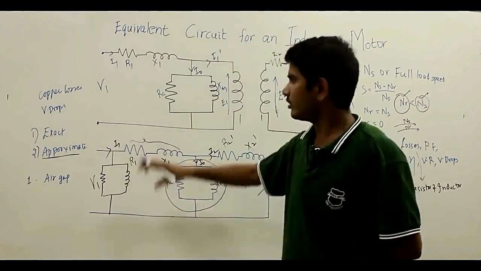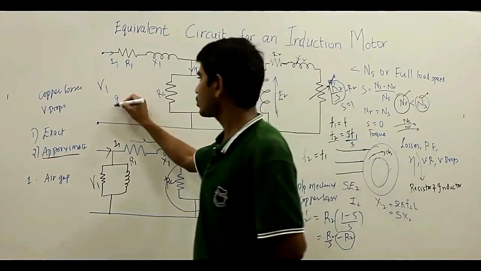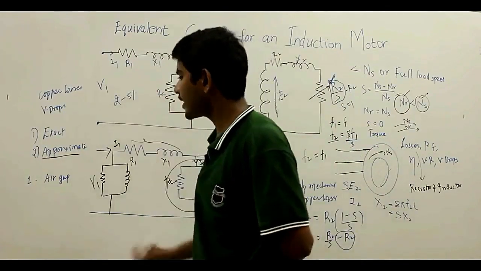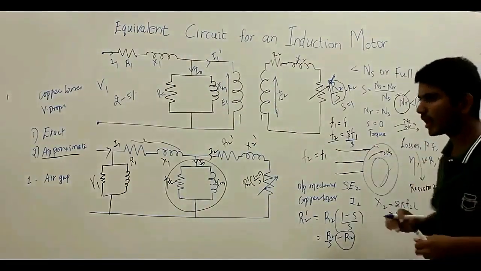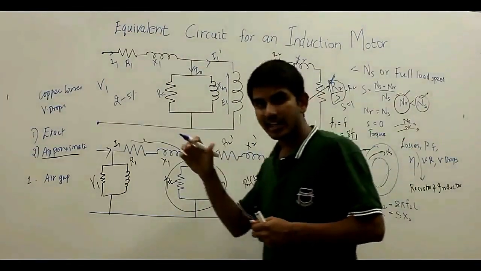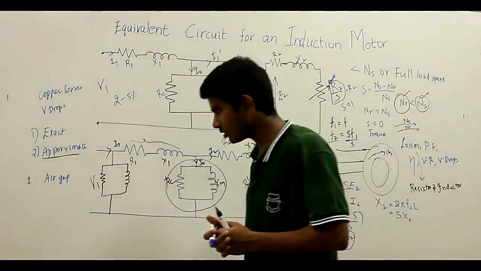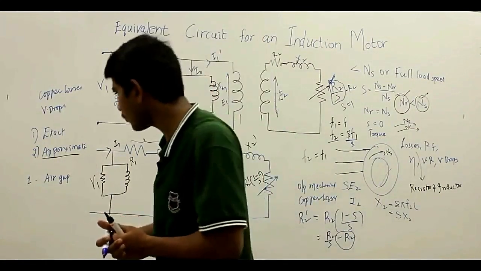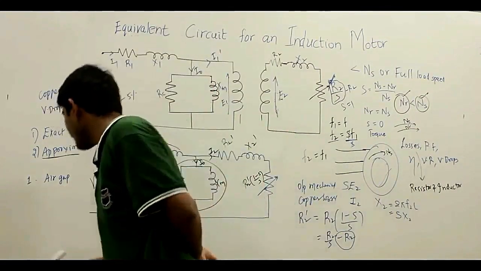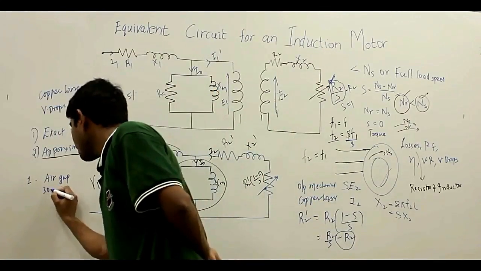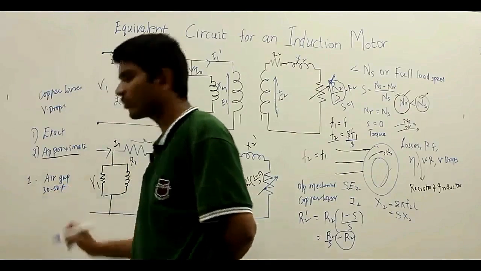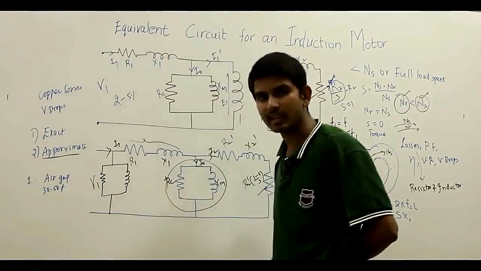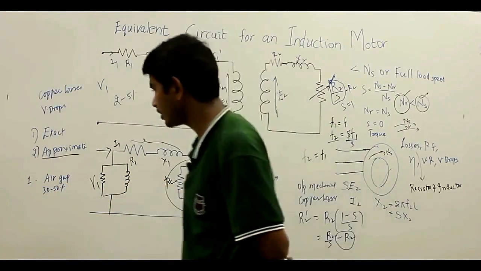The no load current in the transformer is around 2 to 5%, but as we have an air gap from the stator to rotor, we need a large exciting current to produce the required mutual flux. So your no load current here is around 30 to 50%. This is one reason why you cannot consider this approximate equivalent model.